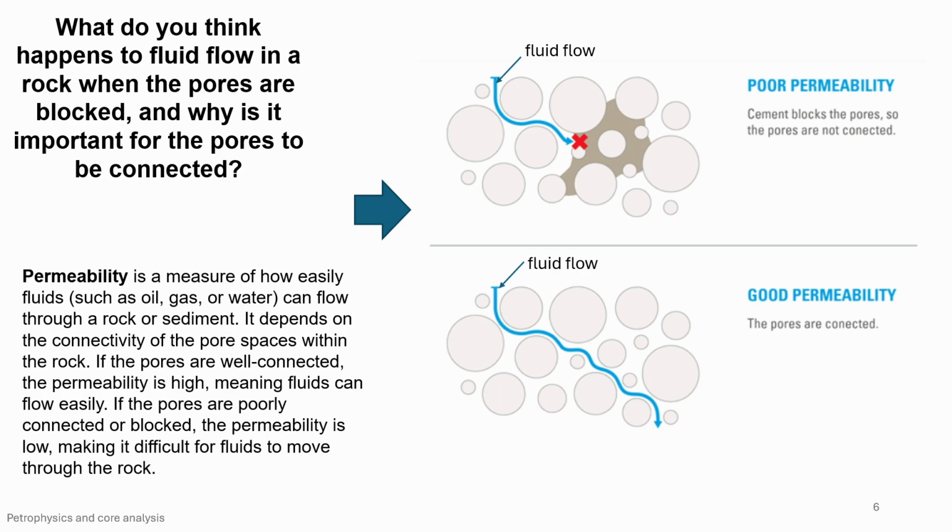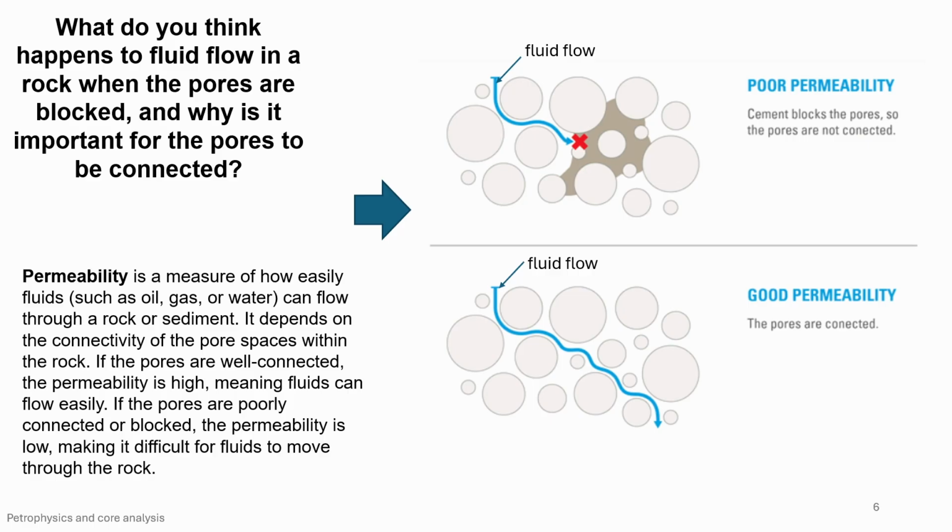This slide introduces permeability, which tells us how easily fluids can move through the rock. While porosity is about how much empty space exists, permeability is about whether that space is connected well enough for fluids to flow. A rock can have porosity but low permeability if the pores are isolated or poorly connected.